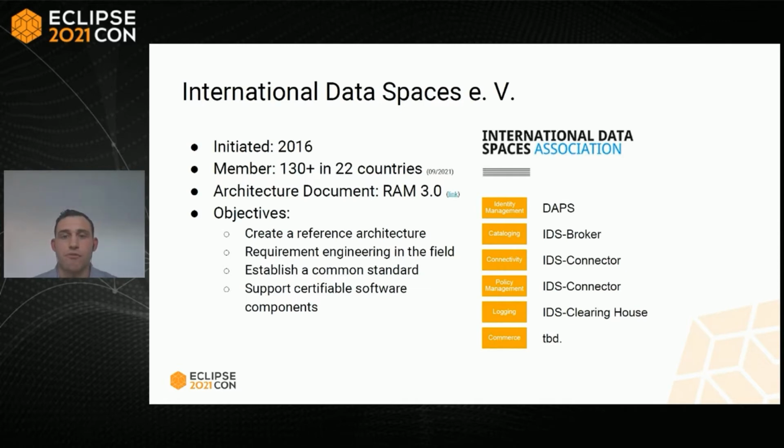You can see that for every essential service, or at least almost every essential service, there's a component available that is described and specified. For example, identity management with the dynamic attribute provisioning service, or cataloging with the IDS broker. This addresses the data sharing layer.